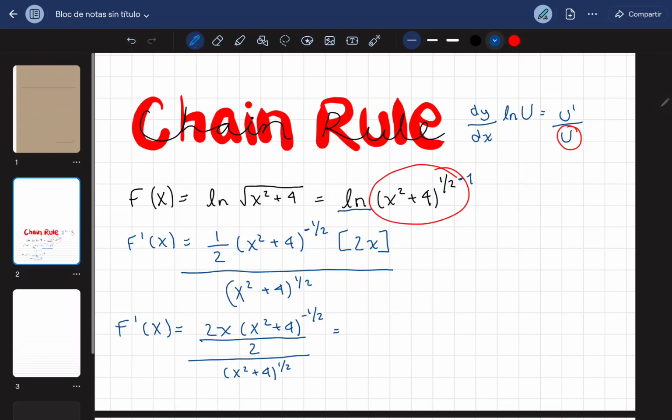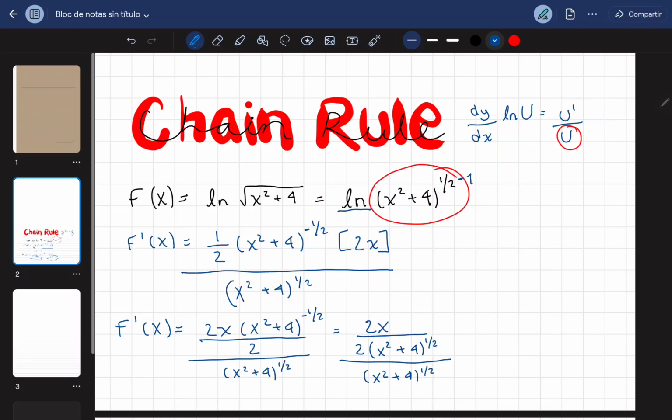So we can write this form like this: 2x divided by 2 times x squared plus 4 to 1/2, and now we change the sign, divided by x squared plus 4 to 1/2.